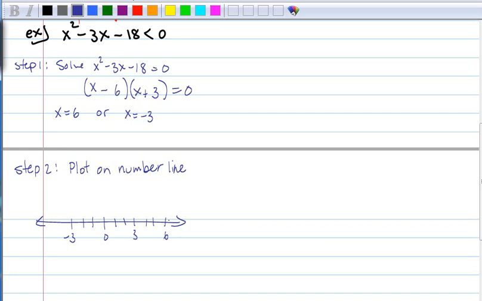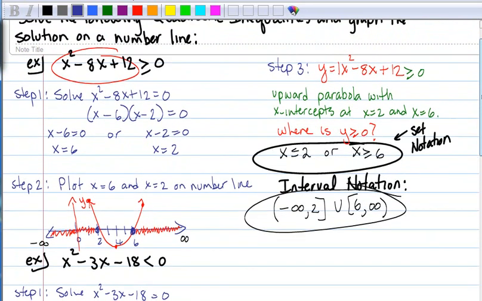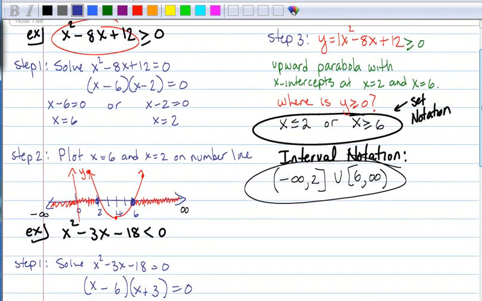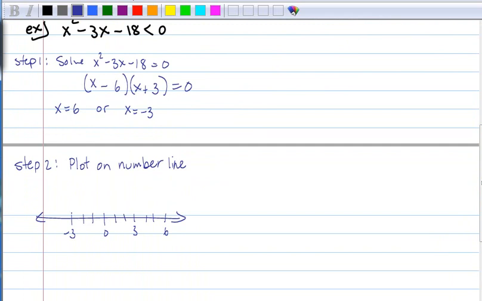And here is my 6. Now, the difference is negative 3 and 6 are not included because it is a plain less than. The one that we had earlier was a less than or equal to, so that means those solutions were included. So I'm going to do an open circle for those.